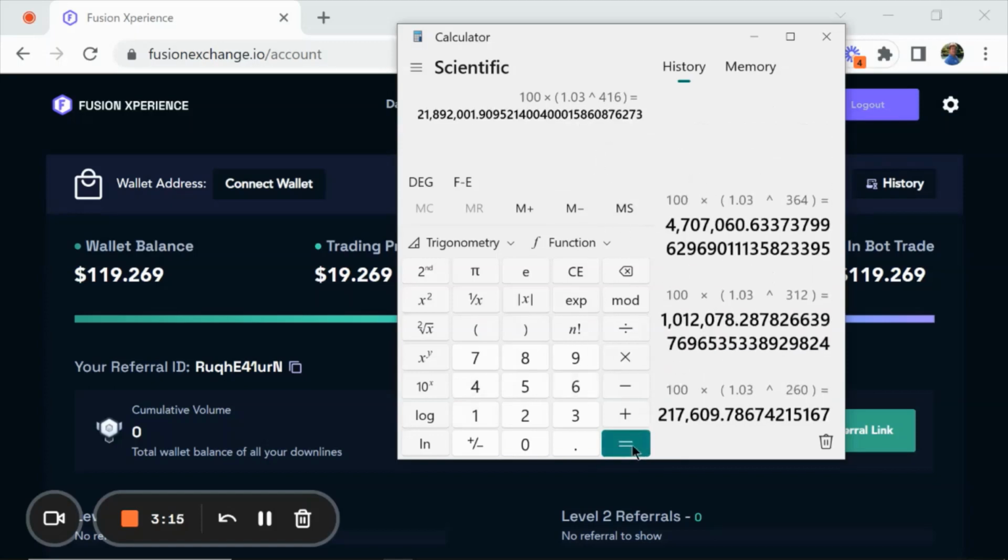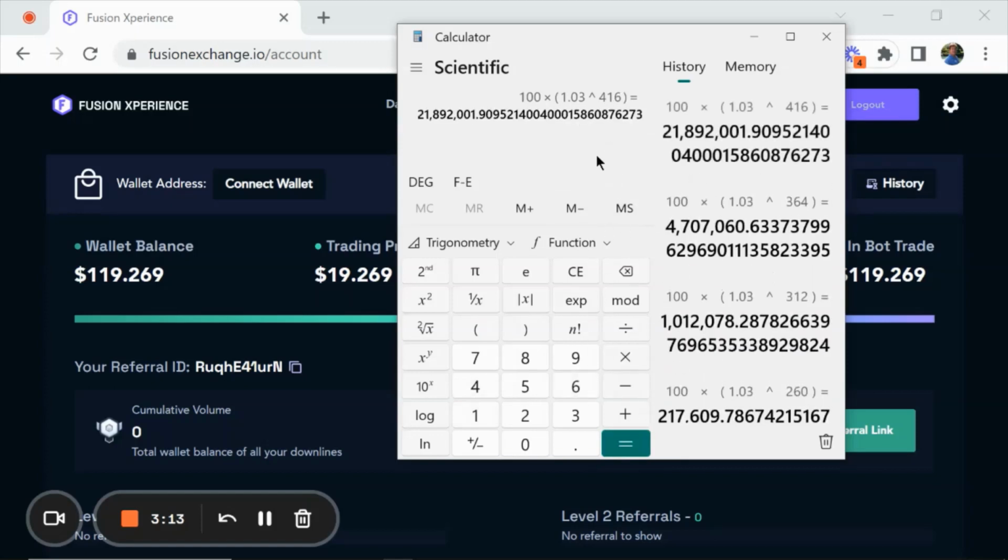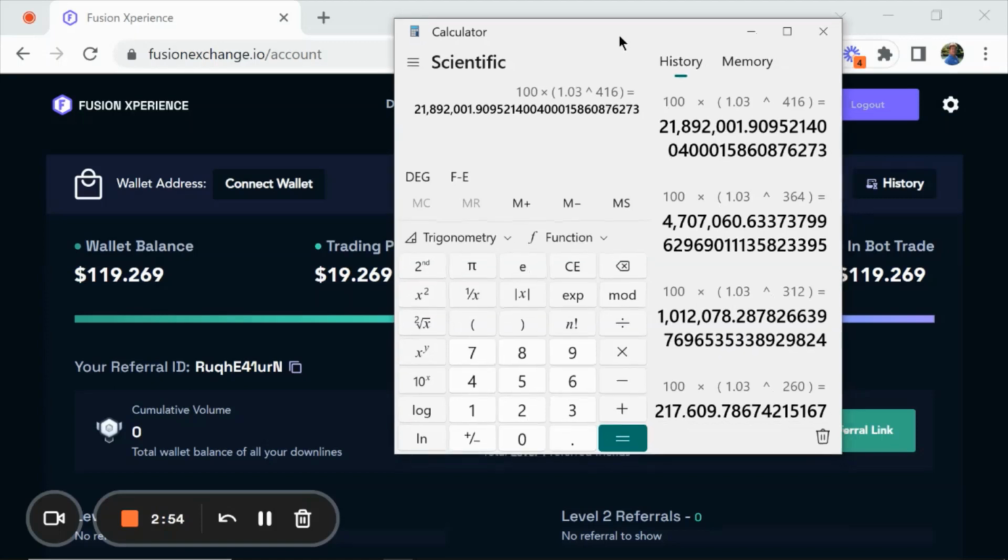When you compound that out, you're going to get $21,892,000 is what your $100 would be after you have let it just sit and compound at a 3% interest rate, compounding weekly over just 8 years. That's 416 weeks. That's what you have, folks.